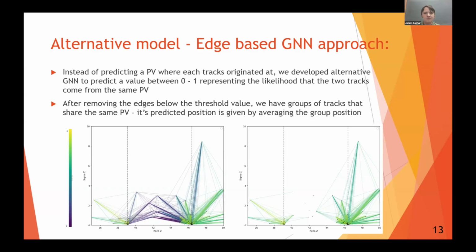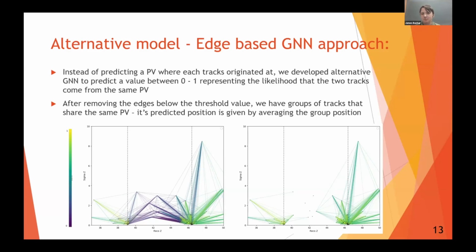How we get a list from this algorithm is we take the graph and disconnect edges that are below a certain threshold, so it's unlikely the tracks came from the same PV. Then we have isolated groups of graphs which are disconnected, and each of the graphs should represent a separate PV group.